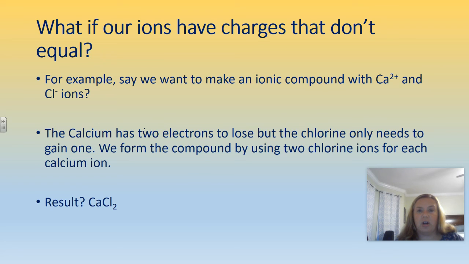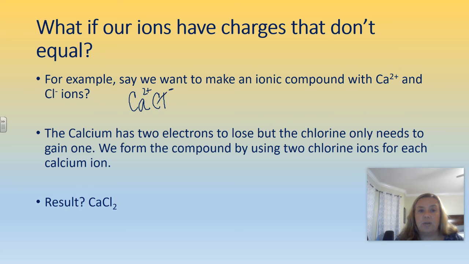What if our ions have charges that don't equal? For example, if we say we want to make an ionic compound with calcium 2 plus and chlorine 1 minus ions. So another way we can do this, we can draw this out. I want you to learn how to draw it out, but I also want you to know how to do this, where calcium on the periodic table typically makes a 2 plus cation when it loses its electrons, and chlorine makes a 1 minus anion.